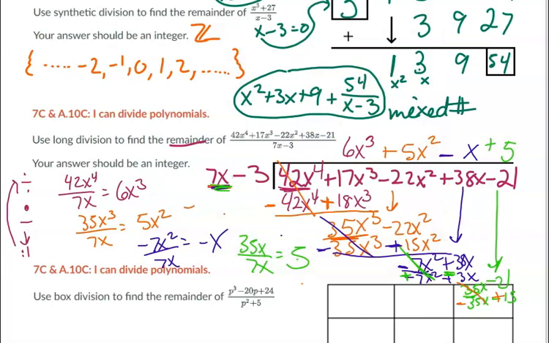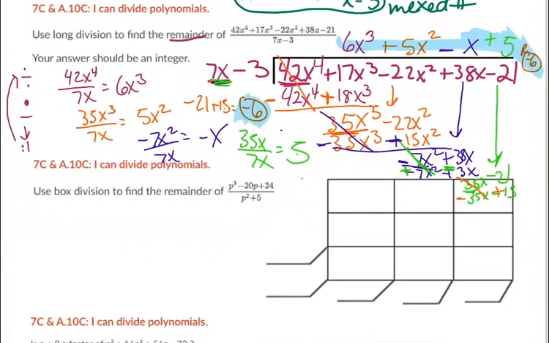And then negative 21 plus 15 would give you negative 6. So your remainder is negative 6. So your entire quotient would be this, and then your remainder would have that -6. You would type in -6 into that problem. Let's go ahead and erase this stuff so we'll have room in the box.